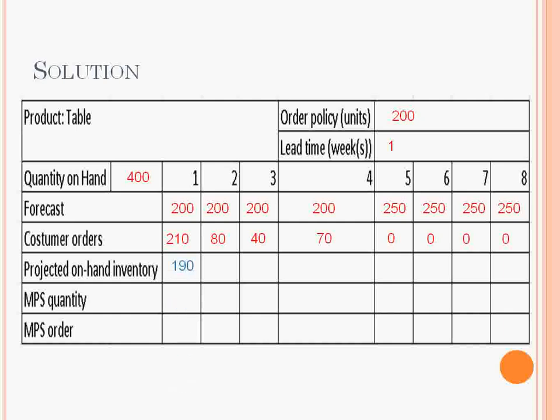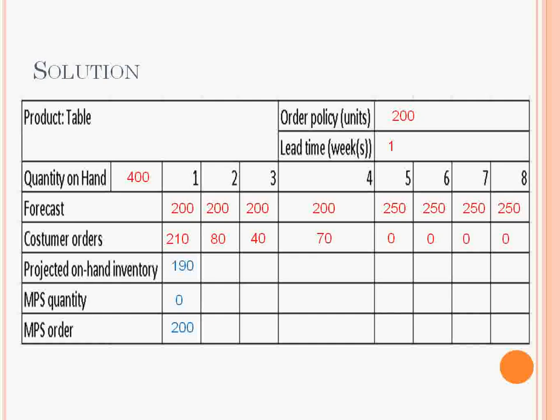We don't receive any tables from the factory, as we didn't make an order in the previous week. As the forecasted demand for the second period is 200, we have to make an MPS order in the first week in order to get 200 tables by the second week.